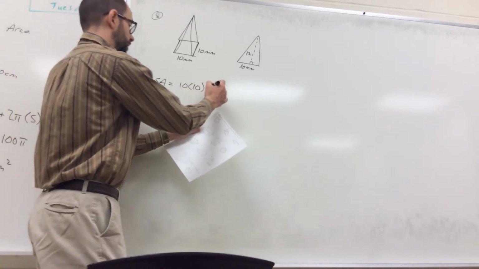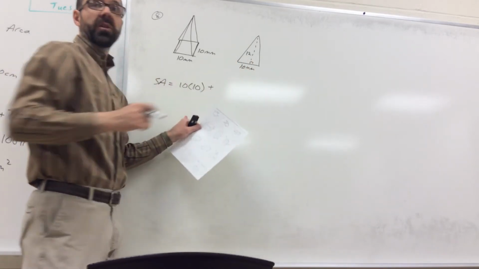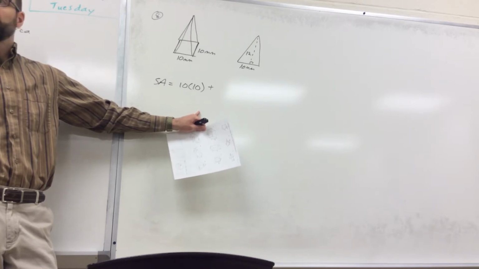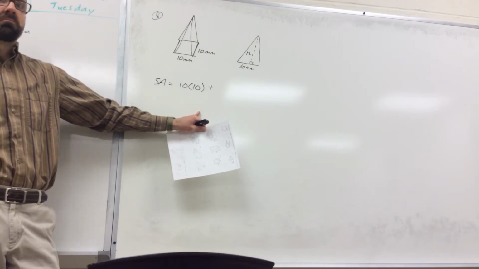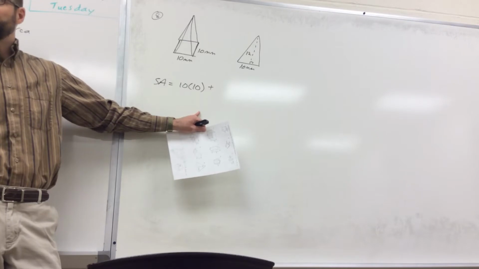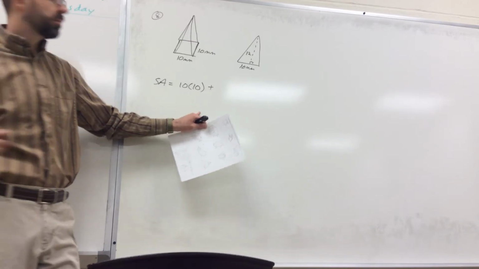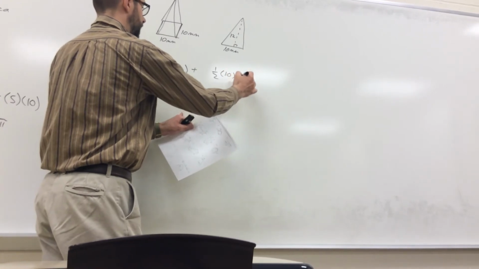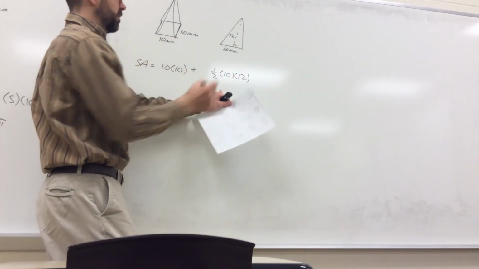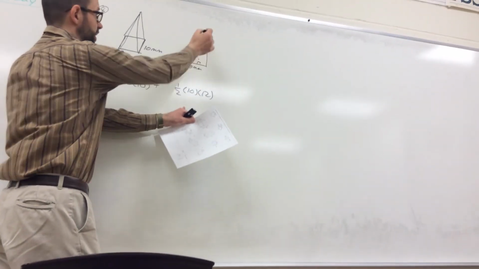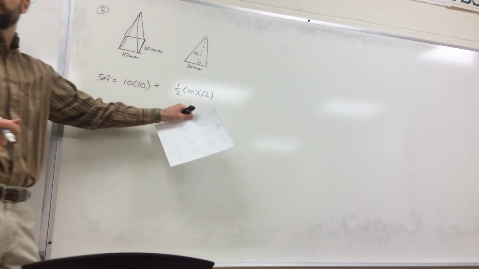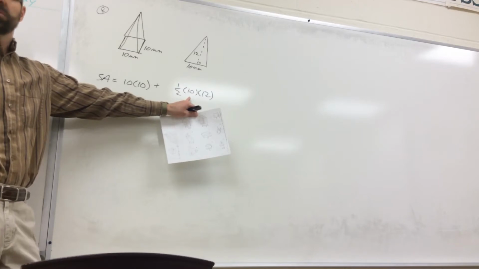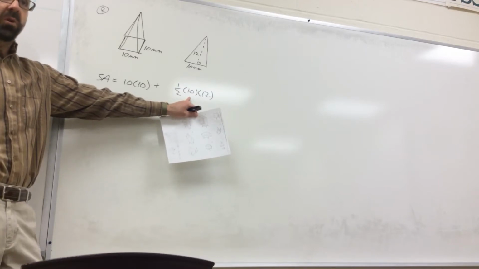Okay, then I've got to include the triangle, right? So what's the formula for the area of a triangle? 1/2 times base times height. So that'll be 1/2 times 10 times 12. See how 10 is the base and 12 is the height? And then how many of those are there? 4 of them, right?